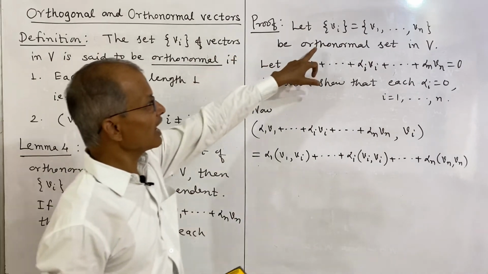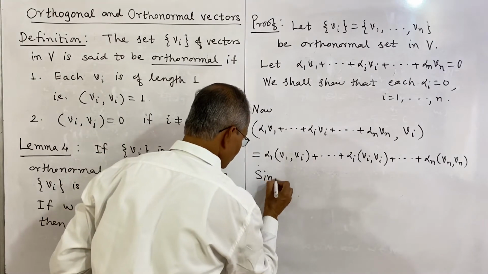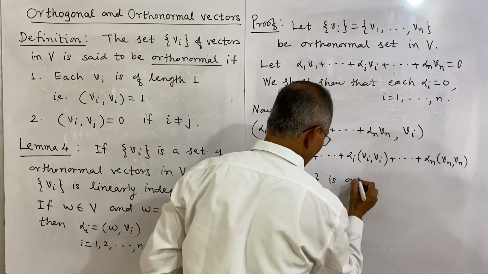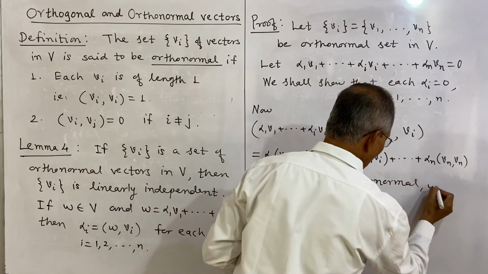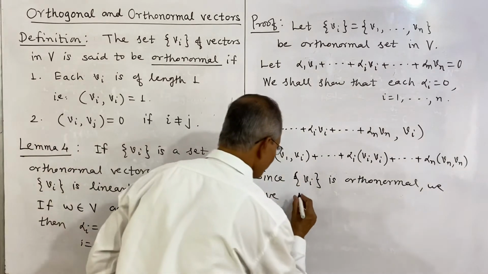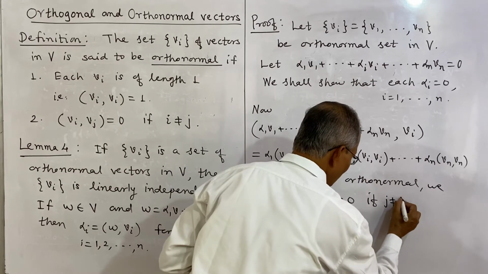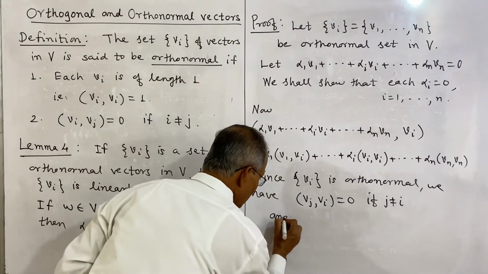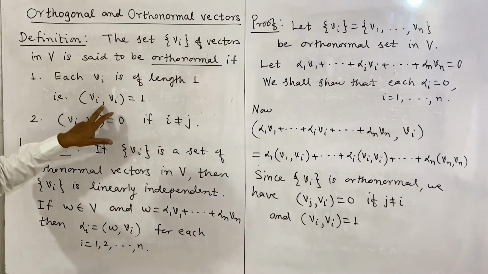And now, because vi is an orthonormal set, by the definition of orthonormal we have the inner product of vj and vi is 0 if j is not equal to i, and the inner product of vi and vi is equal to 1. So that is this first condition.